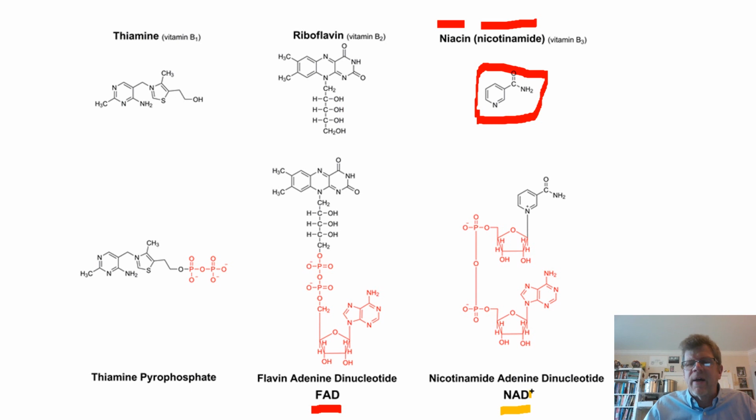There's a little plus right there, because ultimately if you look very closely on this structure right up on top, there is a positive charge on a nitrogen, so the whole molecule has a plus charge on it, but you don't say NAD plus, you just say NAD. We'll be looking at particularly NAD and FAD down the road in these energy production pathways.